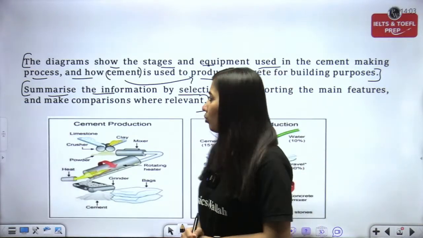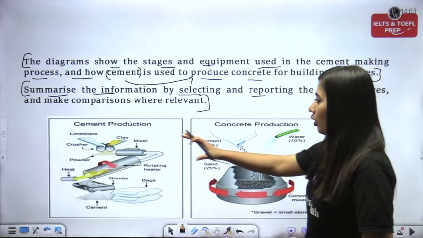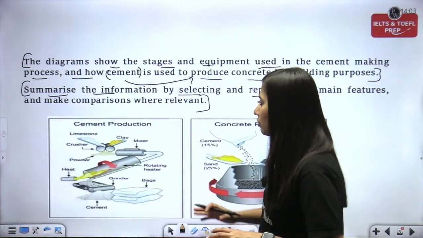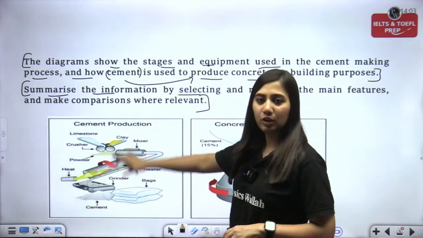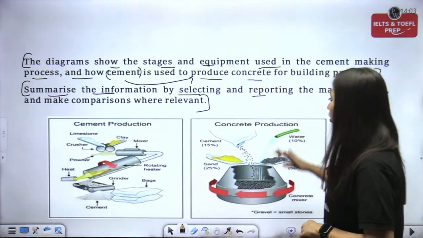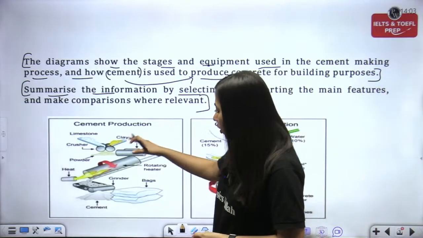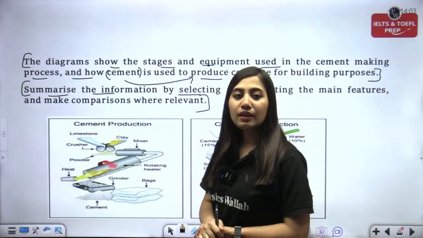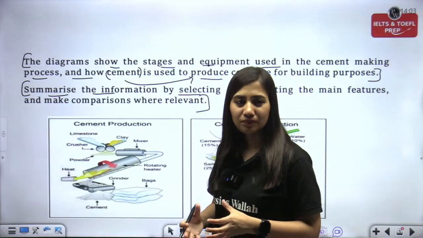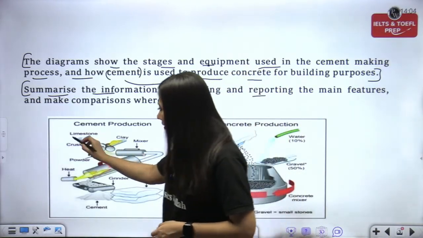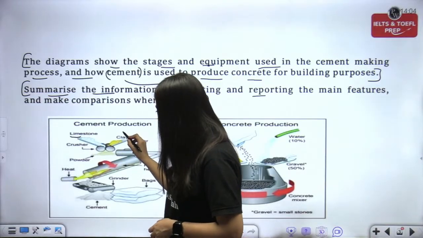Understood? Now moving ahead, after reading the question you have understood that you've got two types of figures. The first one is all about cement production. The second one is all about concrete production. In all types of diagrams, some things will always be labeled. Can you see this limestone? Can you see this clay?